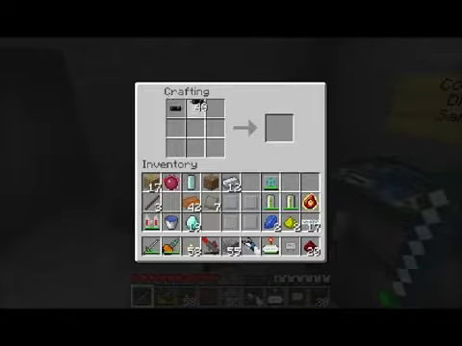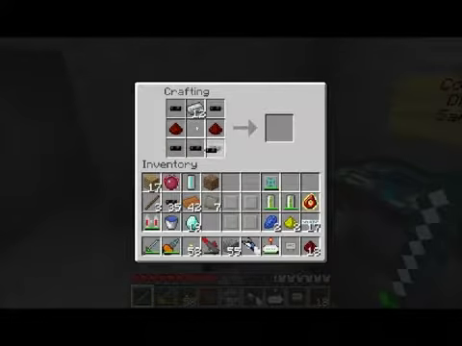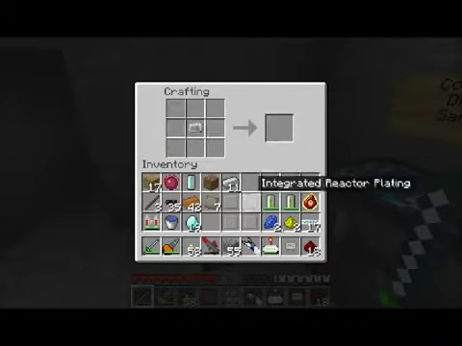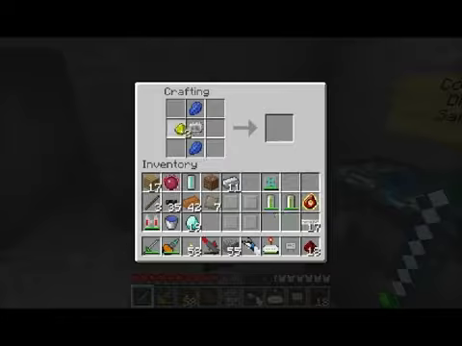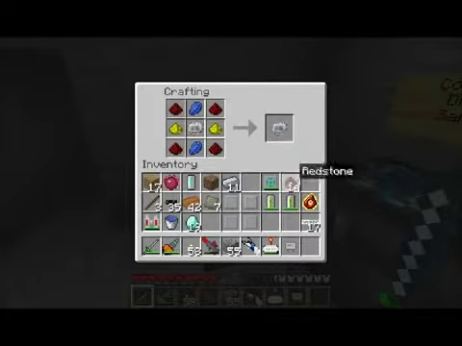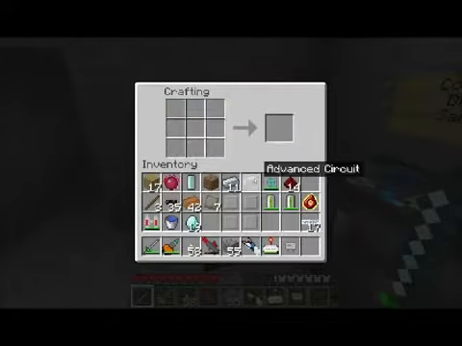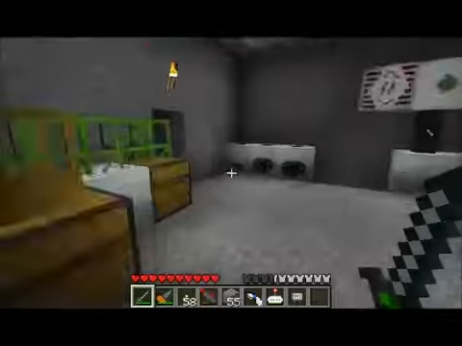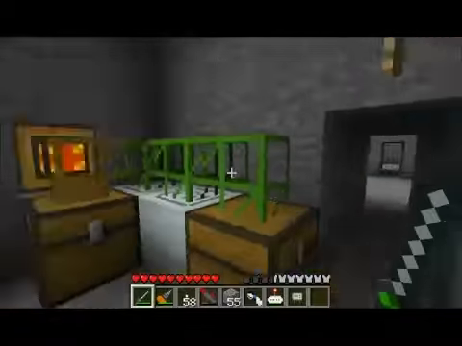I'm also going to need an advanced circuit. Going to need one more coolant cell than I have on me. I left some of my components in the reactor back there.